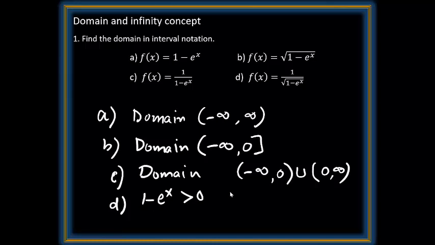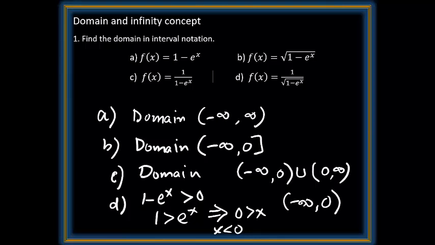If you apply the same process, you get 1 should be greater than e to the x, and then finally we see that 0 needs to be greater than x. If 0 is greater than x, meaning x is less than 0. So then your domain will be negative infinity to 0.